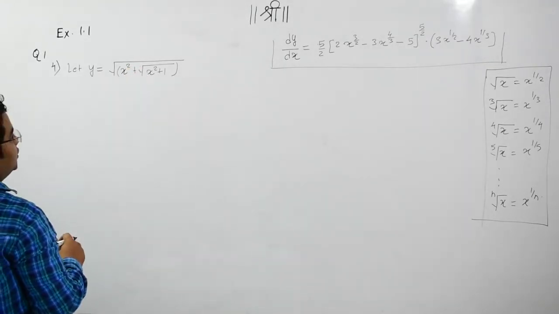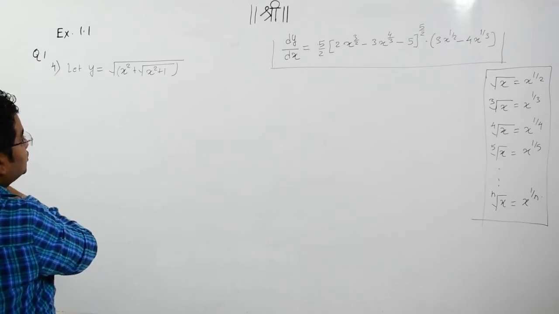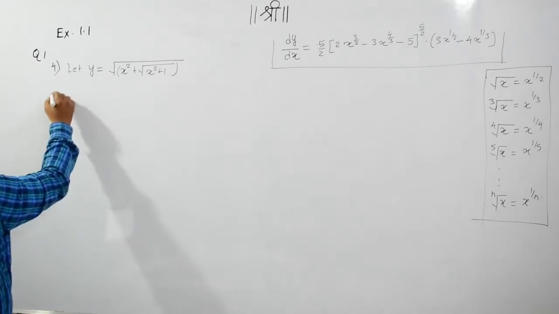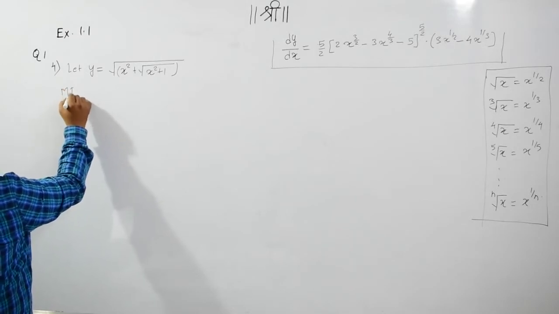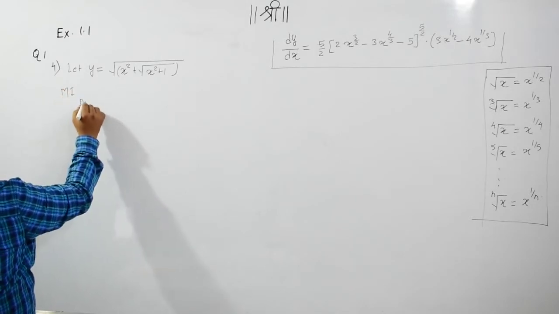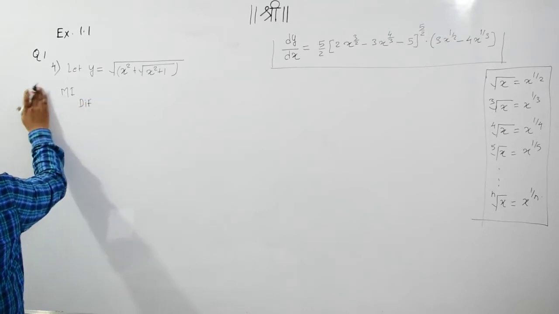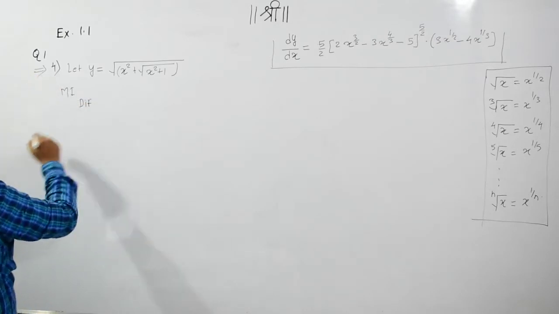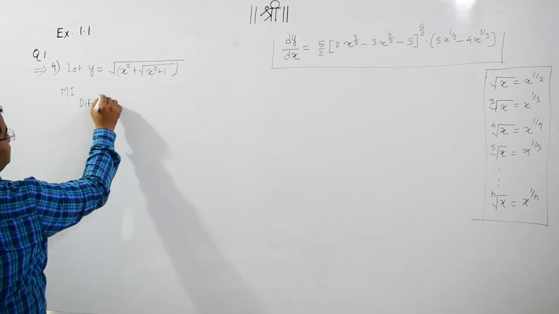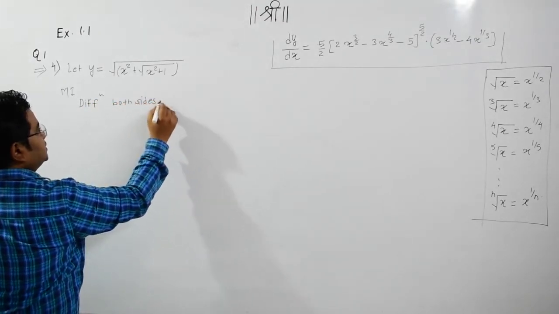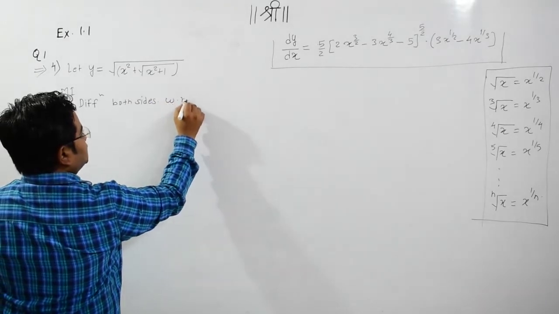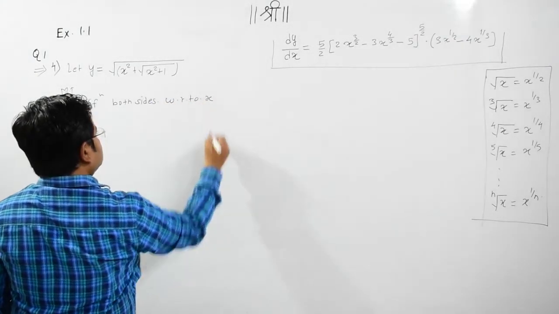So what we need to do, we need to directly differentiate. So, using method number 1, method 1, I am saying it directly. So differentiating both sides with respect to x.